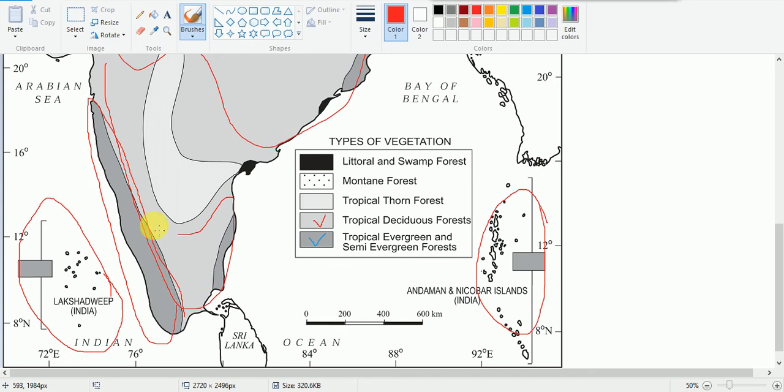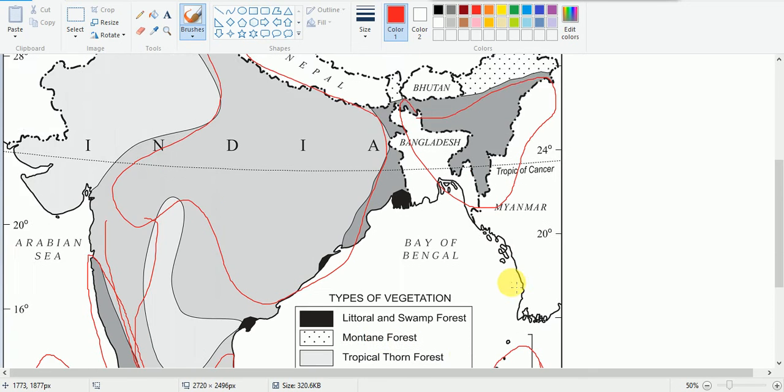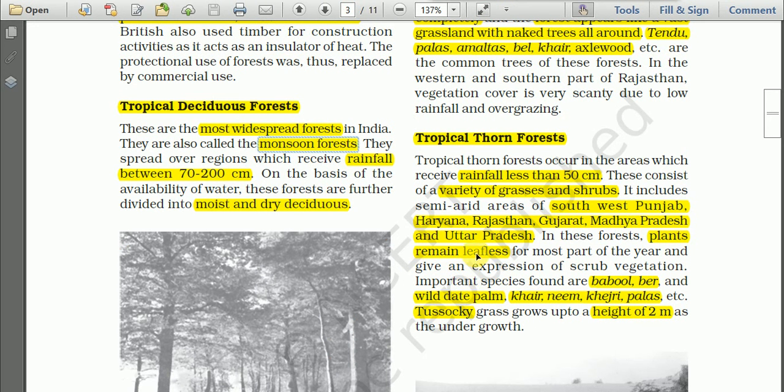These areas, as you will see here in India, are covered with tropical deciduous forest, and they spread over regions which receive rainfall between 70 and 200 centimeters in a year.